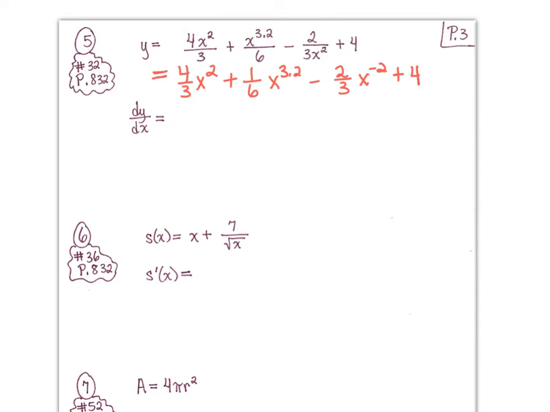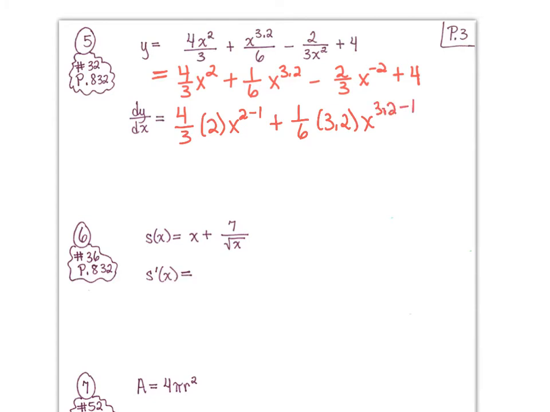Well, you do 2 times 4/3, so you have 4/3 times 2, and then x to the 2 minus 1, good. Plus 3.2 times x to the 3.2 minus 1.